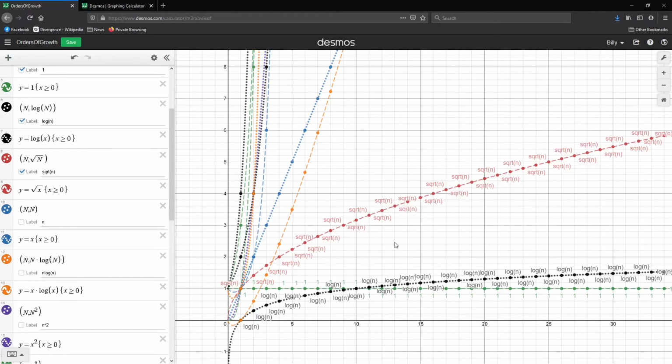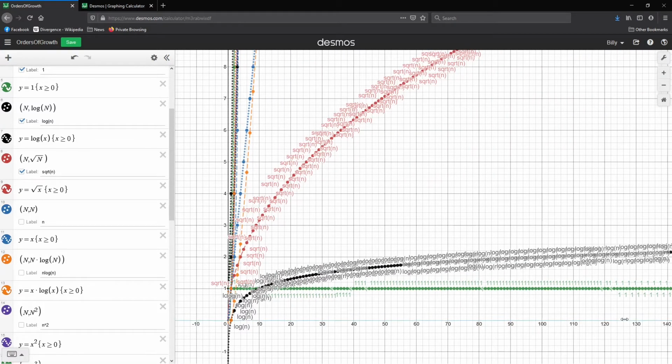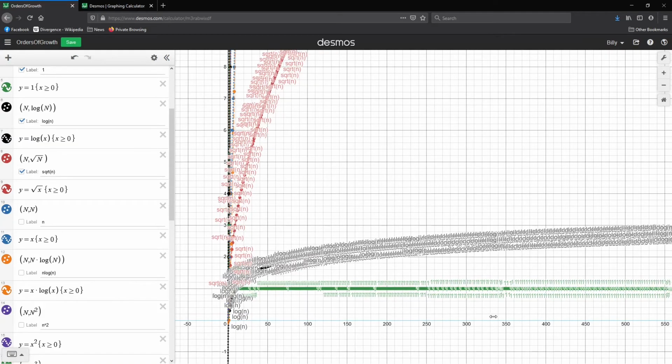And you see very clearly that eventually, once we pass n equals 10, the log n function is staying above the constant function 1, and staying below the function square root of n. It's bounded above by square root of n, and this is the case regardless of how far out you choose to go for these functions.